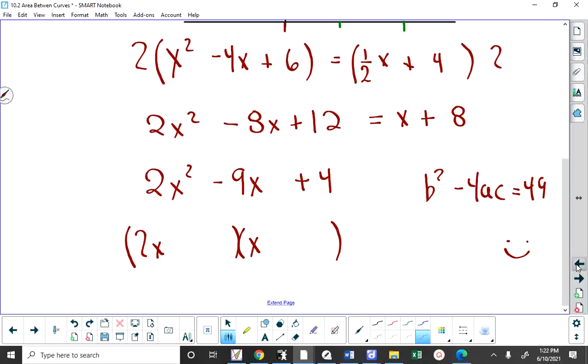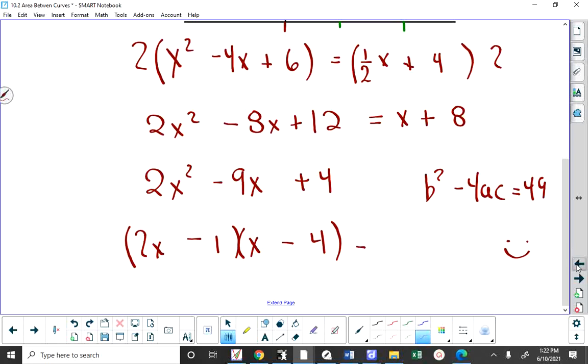We can go with 2 and 2, which I immediately throw out. I can't have 2 and 2 to give me the 4, because then I would be forced to put a 2 in the first binomial, creating a common factor of 2 where none exists. Which means it has to be 4 and 1, and I can't put a 4 here. So it's got to be 1 here and 4 there, and they have to both be negative.